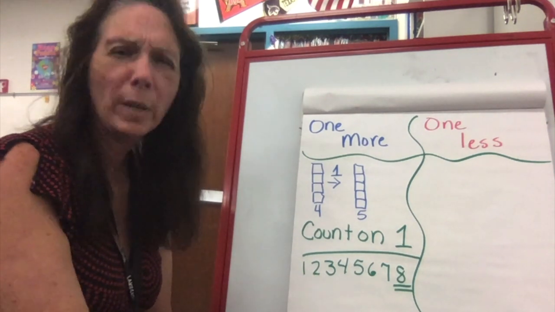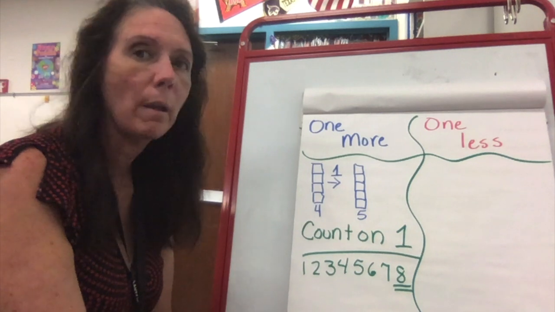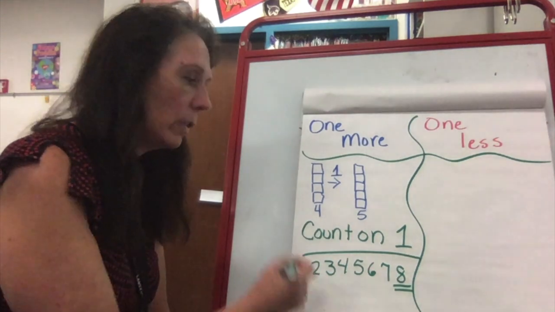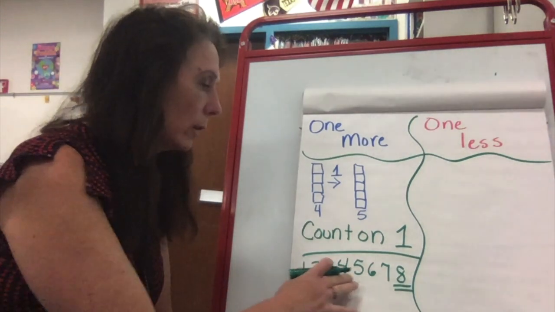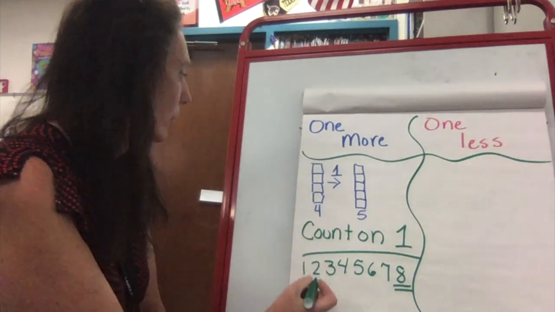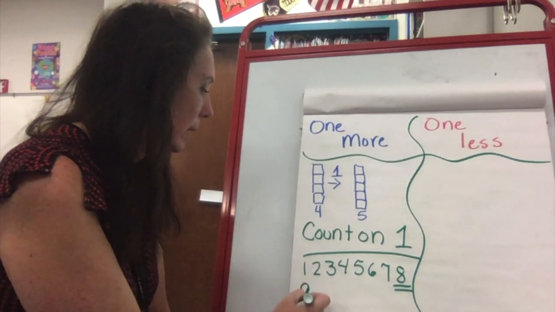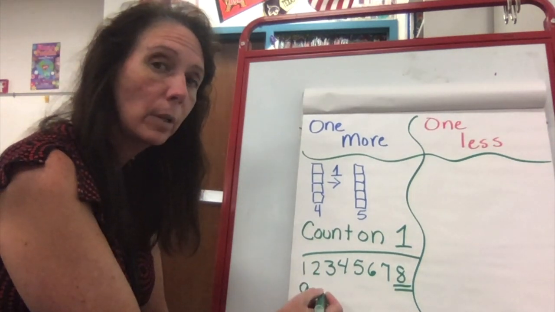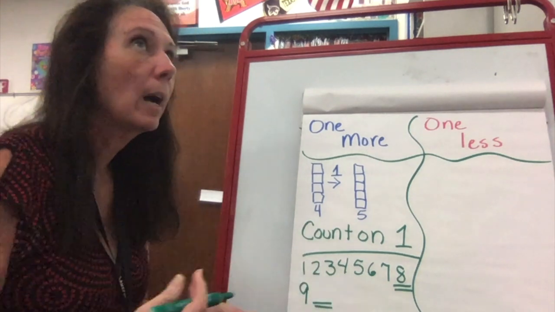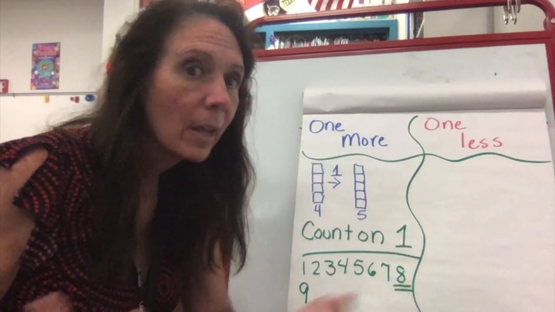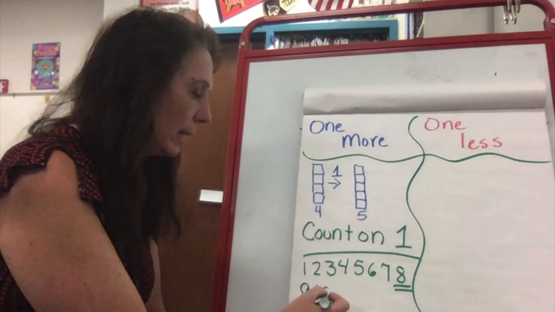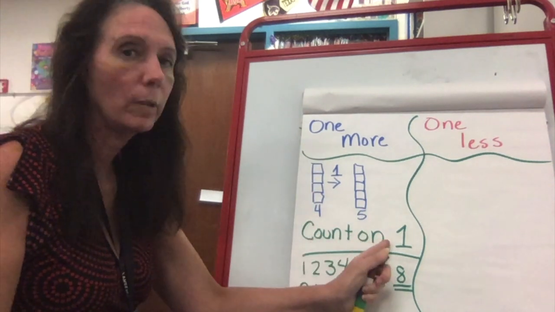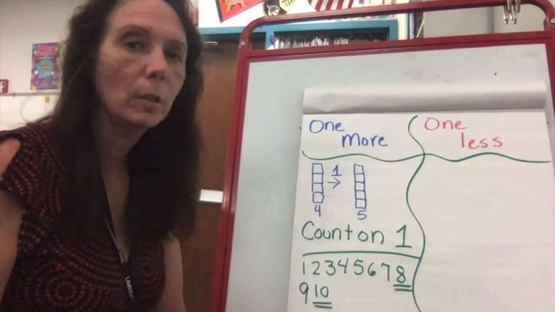If I asked you, what is 1 more than 9? Again, I can start with 1 and count all the way up. Or if I know my numbers, I can say 9 and then count on, go 1 more number in our counting. So if I go 9, there you go. I would say 10. So counting 1 more is using our counting on strategy and counting up to the next number.